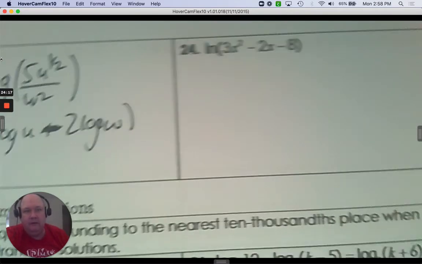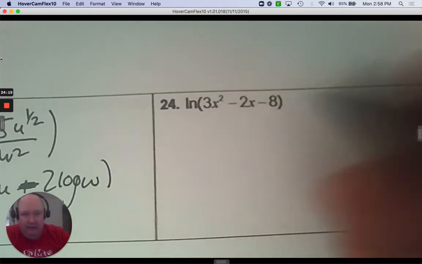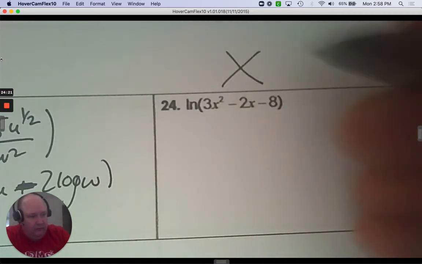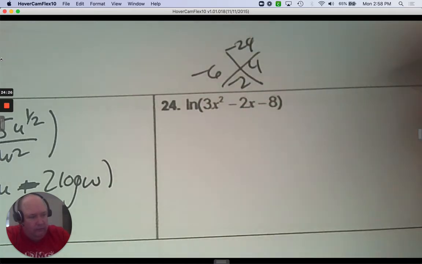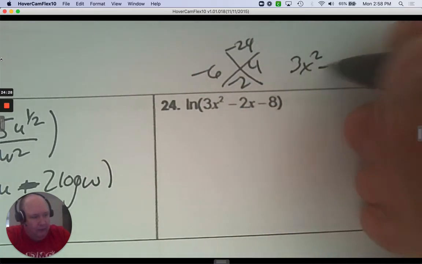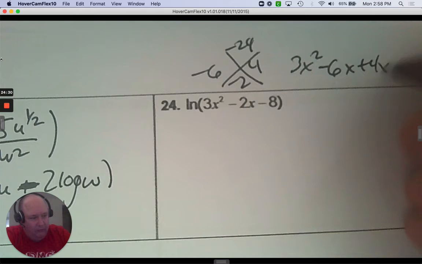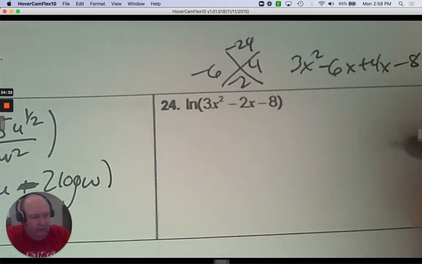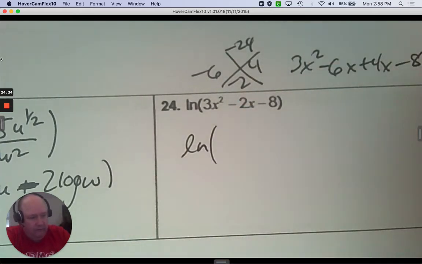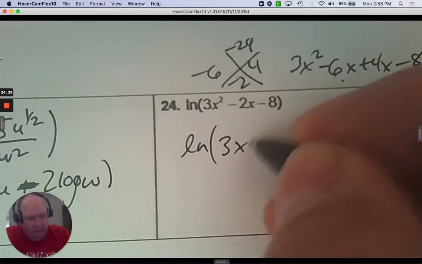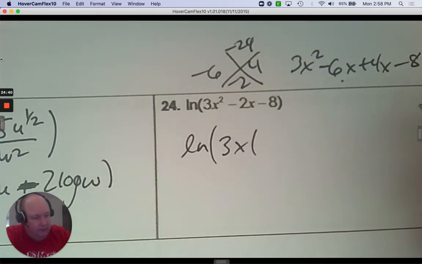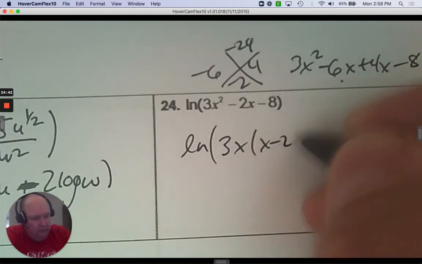24. You have to factor this in order to do anything with it. So that's negative 24, negative 2. So it becomes 3x squared minus 6x plus 4x minus 8. So if I factor this, look at the first two terms. Factor out of 3x, and you're left with x minus 2.